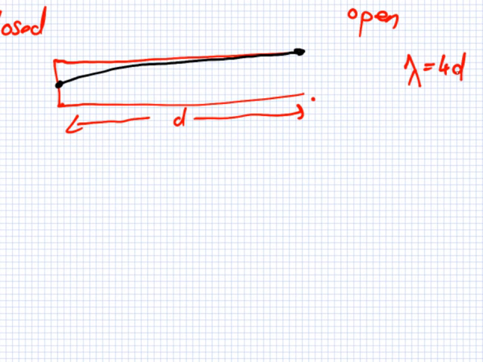So that's the fundamental. Can you try and draw the next harmonic? What's the next wave you could fit inside here? Well, let's see. It would start here, and I need to finish on an antinode. So I don't think it'll be that.